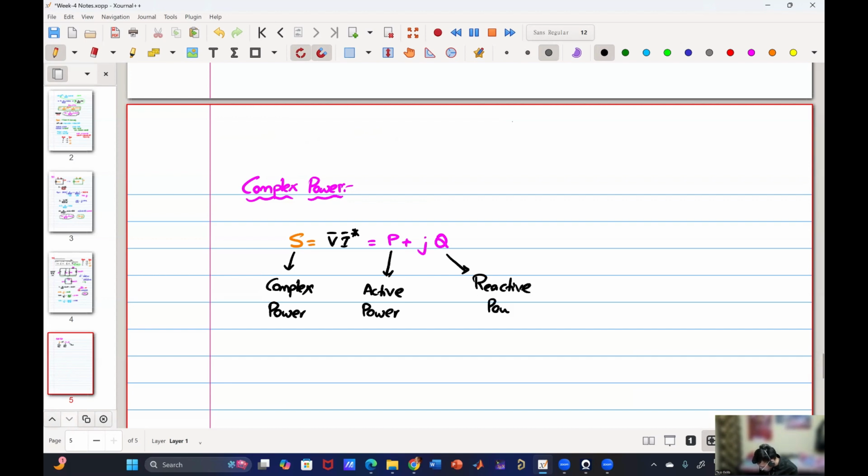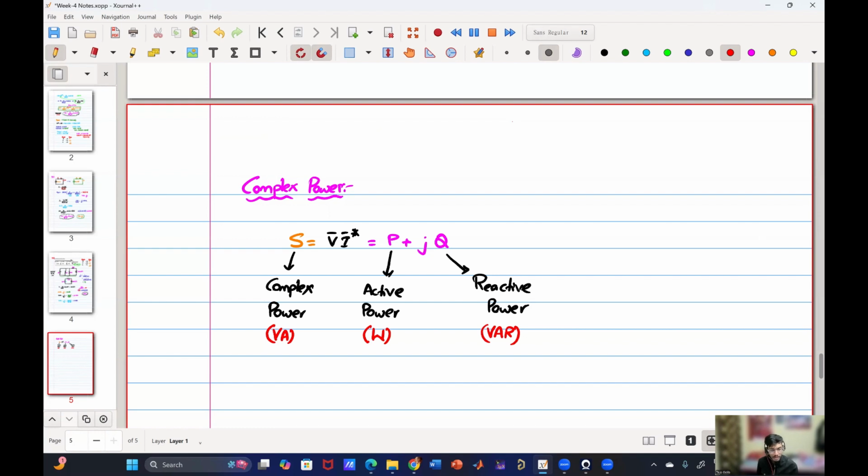The complex power unit is volt ampere. The active power unit is watt. The reactive power unit is volt ampere reactive. So VA is volt ampere, watt is what you know, and VAR is volt ampere reactive.